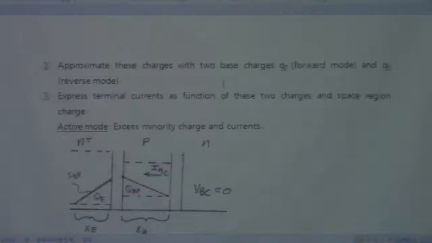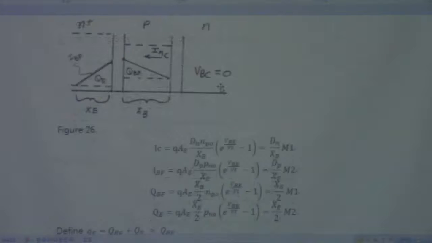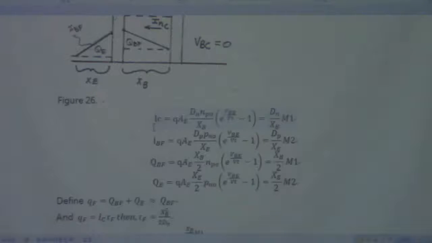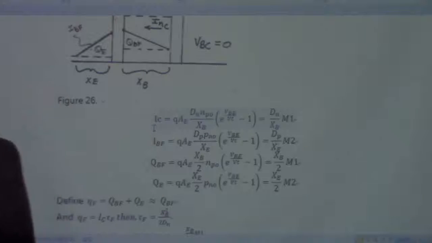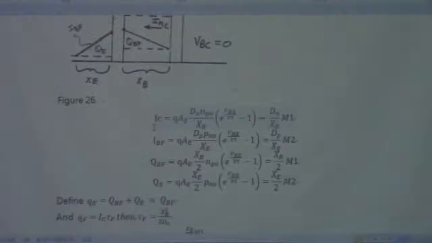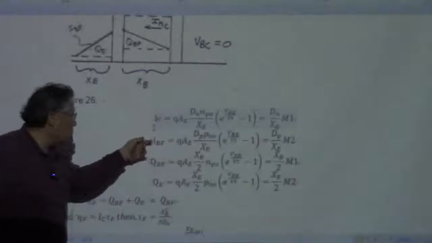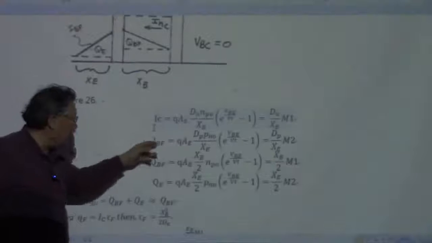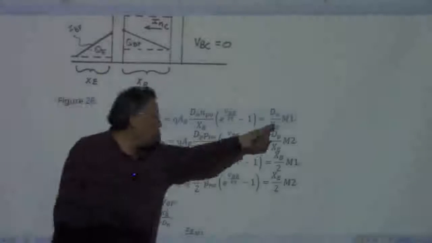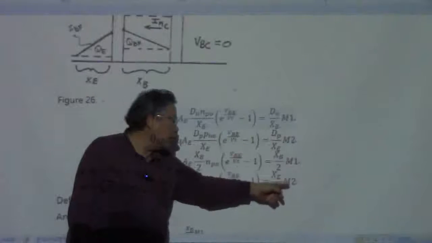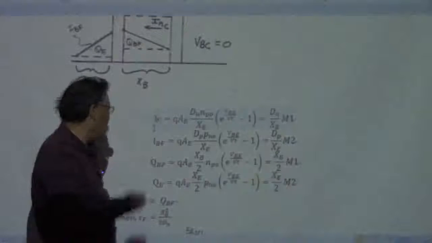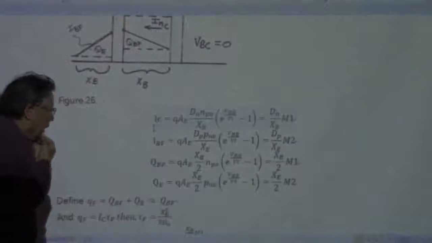charges in small qr. And in order to do that, we know this collector current can be expressed in this fashion. We have derived that in the last lecture. And then the base current in the forward bias can be expressed as this. This M1 and M2, and this is actually, it should be N1 and N2.